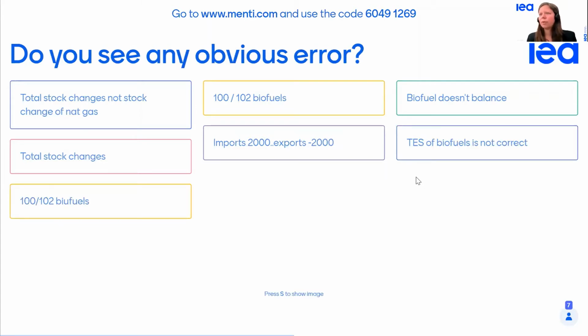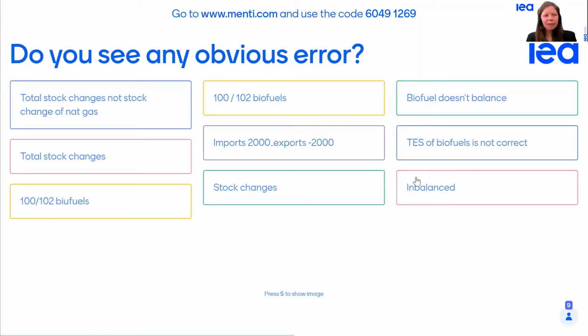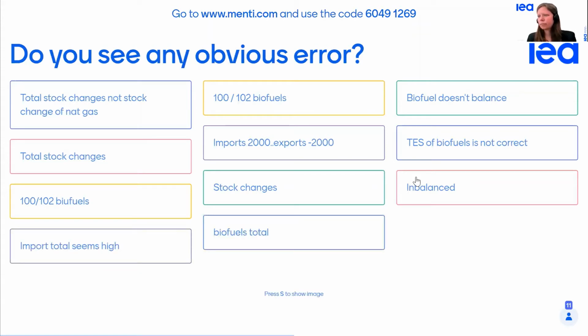Okay, we have again the mention of the stock changes, and now the trade, in crude oil, I think, which is mentioned. More and more answers coming in.